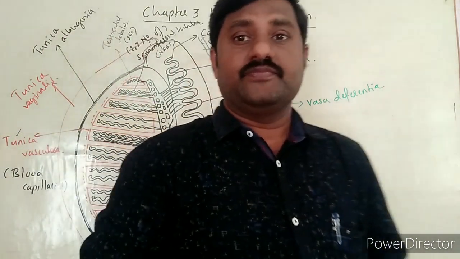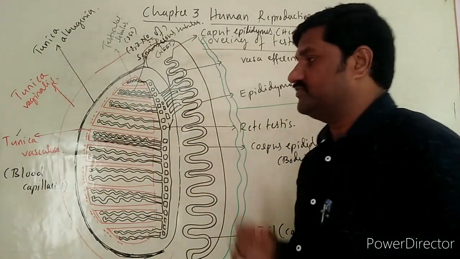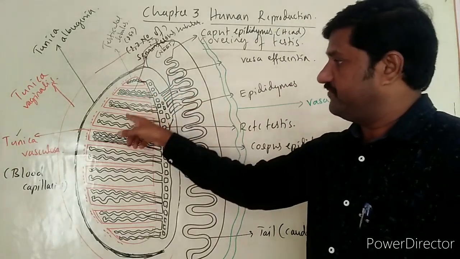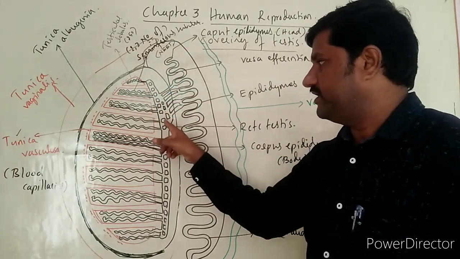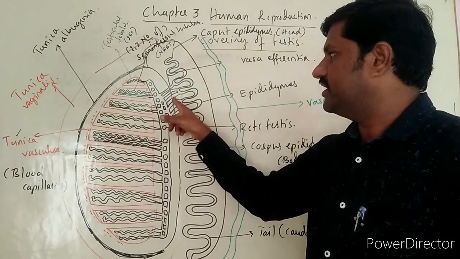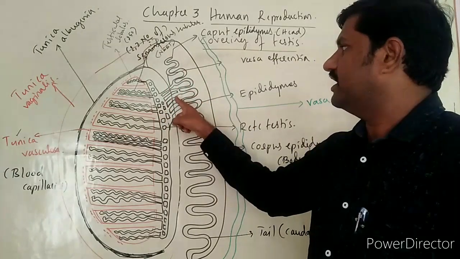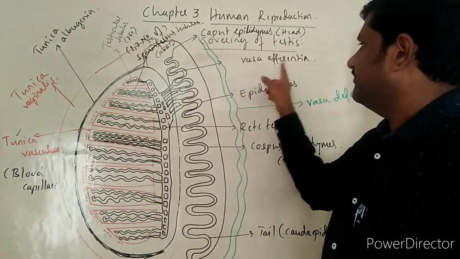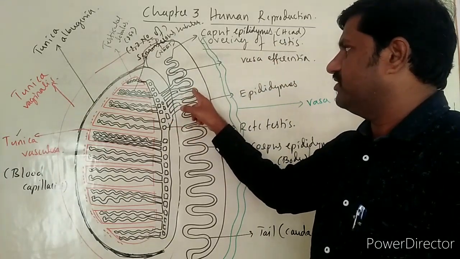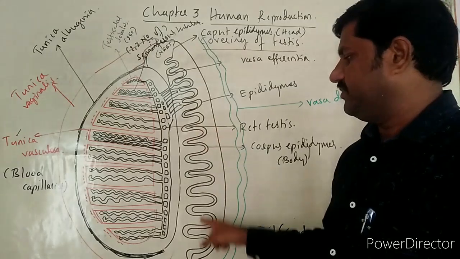So this way the connections will be there from the seminiferous tubule to the rete testis. The next tubular structure is called vasa efferentia. Vasa efferentia open into the epididymis.